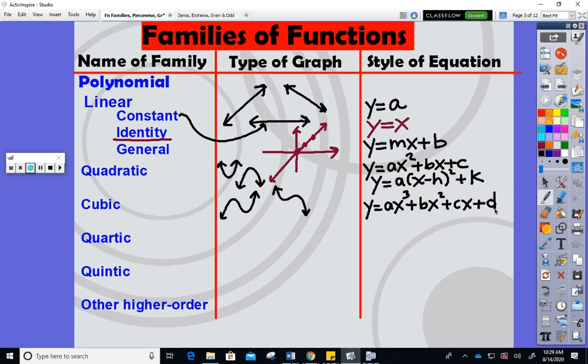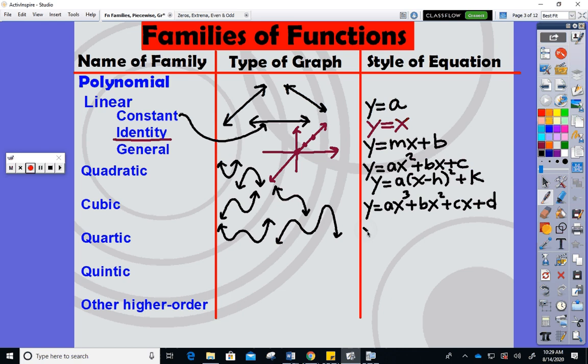So quartics have a general shape like a W or an M. Now, I'm not making any inference about where the maxes and mins of the curve are. I'm just saying general shape, you're looking at W's or M's.